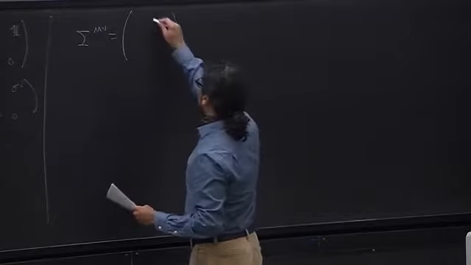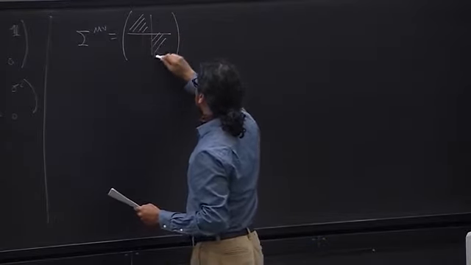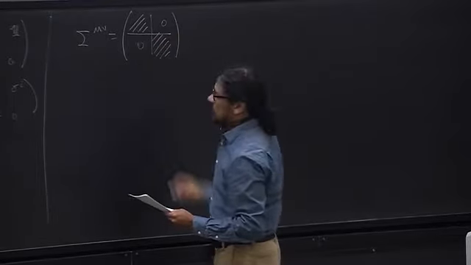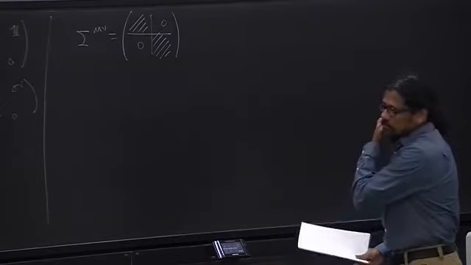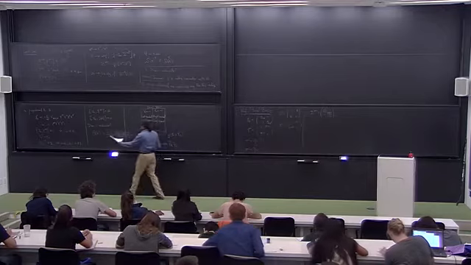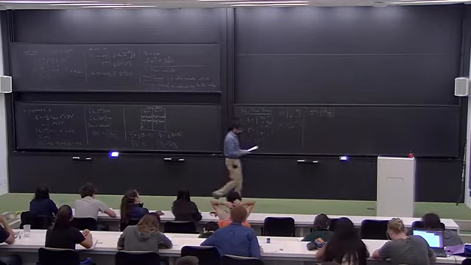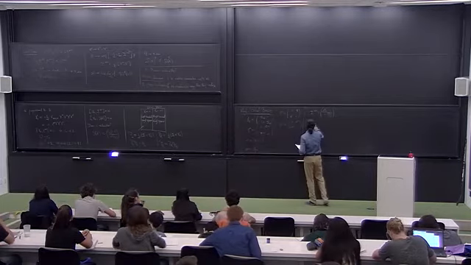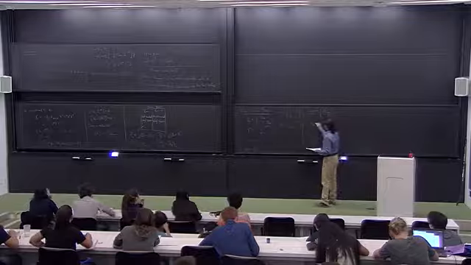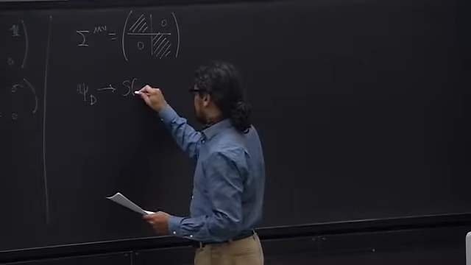The generators of the Dirac representation also take a block diagonal form. It must be so, because otherwise these matrices would not take the block diagonal form.